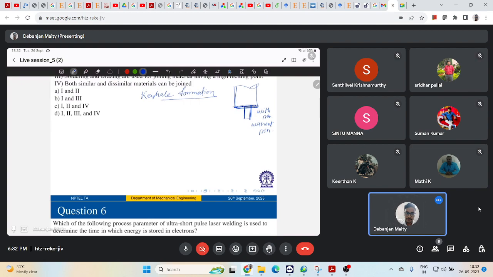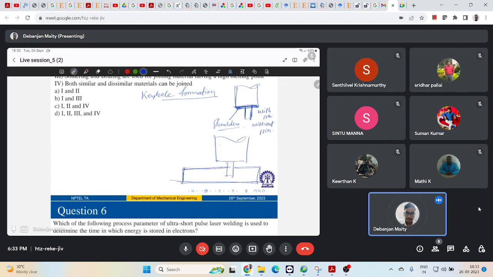This is my shoulder. This is called the shoulder, right? When you are using a pin over there, you are basically plunging into this sheet metal, and this is my sheet over here. If this is plunging and rotating, it will produce some kind of keyhole formation in your sheet material.